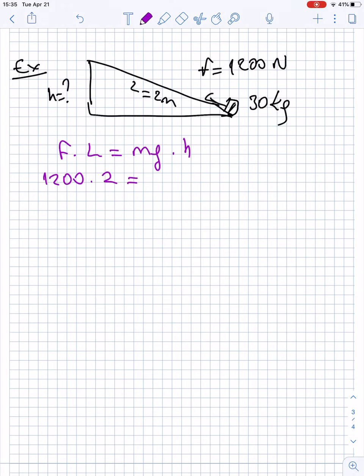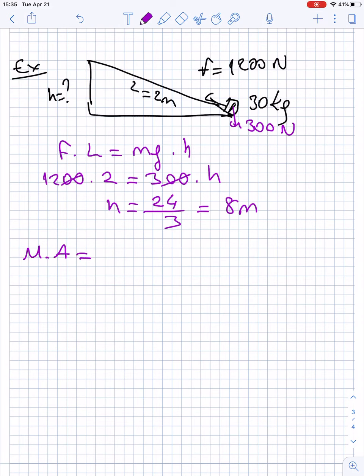F is 1200, L is 2 meters, mg is 300 Newton, and height we don't know. Here 20 and 20 simplified, and height is equal to 24 over 3. My result is 8 meters.